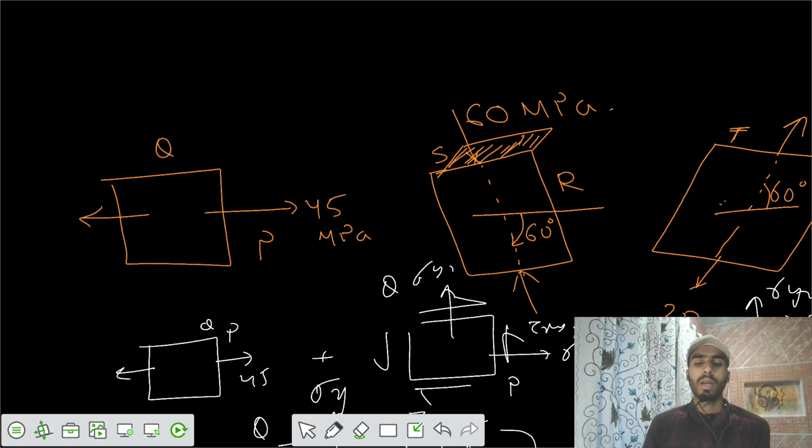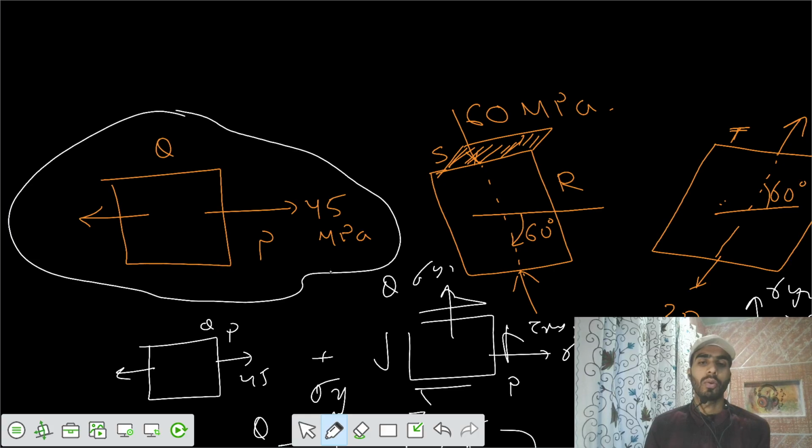For the first part, there is no worry. It is already transformed into plane P and Q. We want to transform these three different loadings into the standard case.